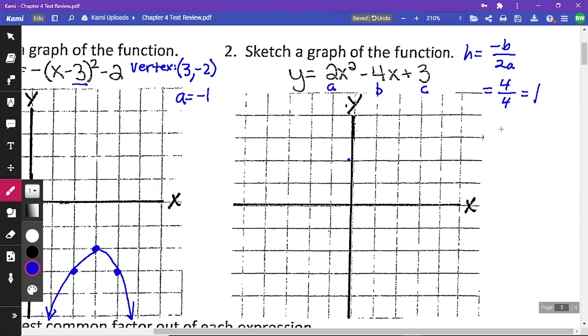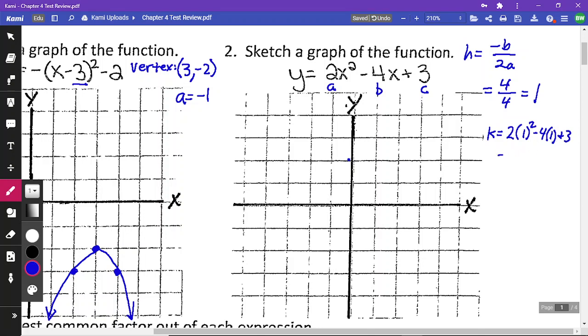Now to find the y-coordinate, we plug that into the function. The y-coordinate is called k. So k equals 2 times, and we're going to plug in the 1 for x. So 2x squared minus 4 times x, plugging in 1 for x again, plus 3.